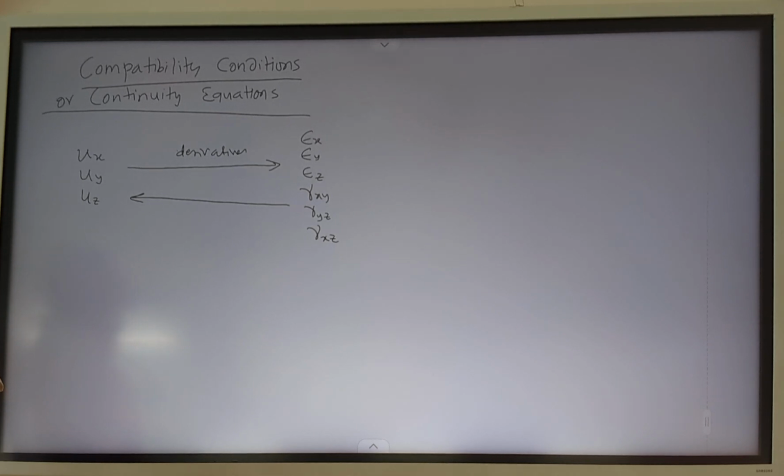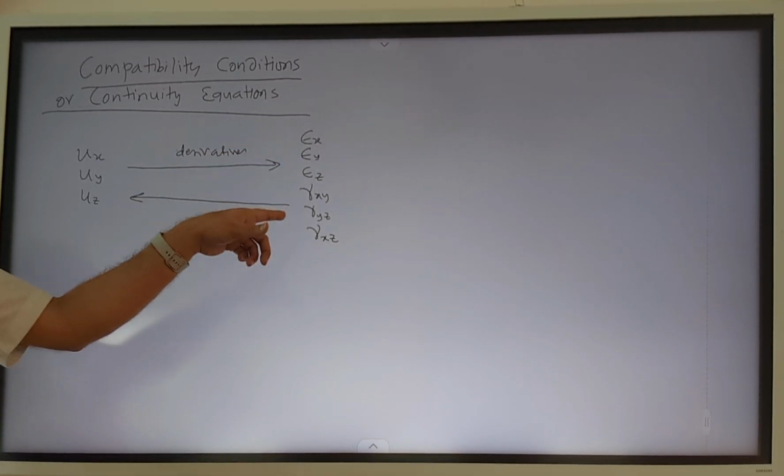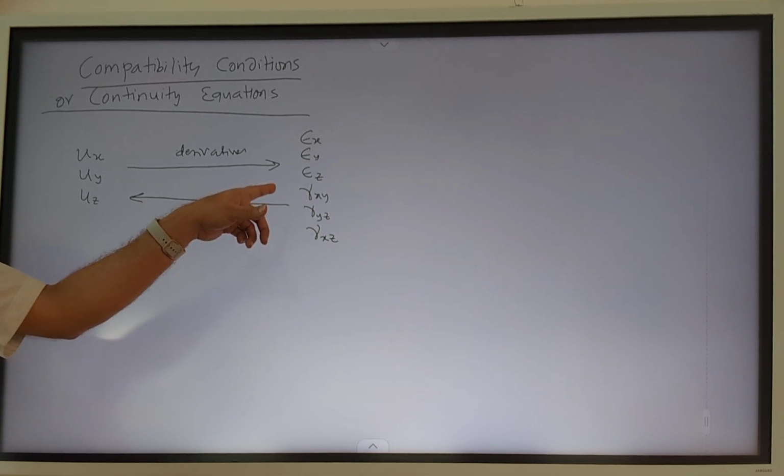If you have that kind of arbitrary distribution of the strains, you will not be able to find the solution which conforms to the continuity of the material. Or if you consider a material which is continuum, that means there are no gaps, no cracks, the strain components cannot be independent of each other.